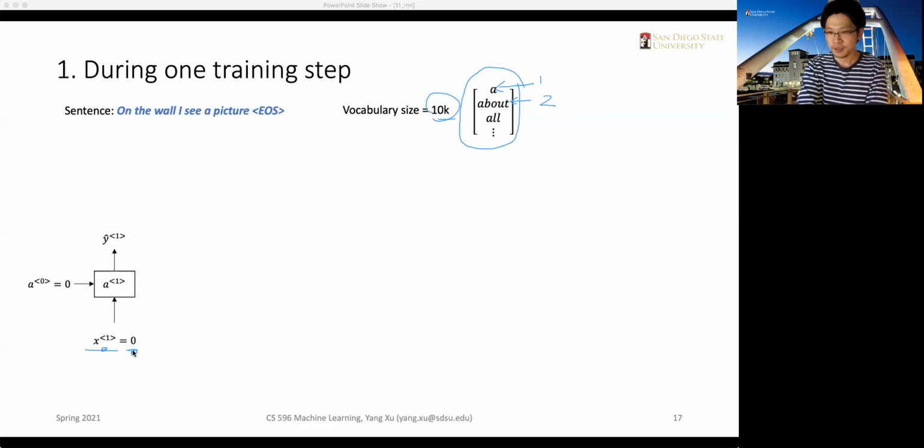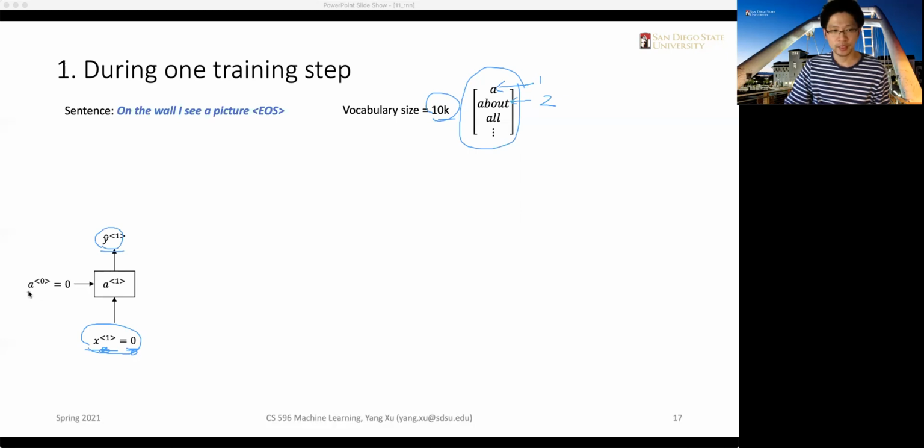In order to let the model generate something, we feed it something as the input to jumpstart the model. So we will feed 0 to the RNN model, and it will take 0 as the context to generate the first word.